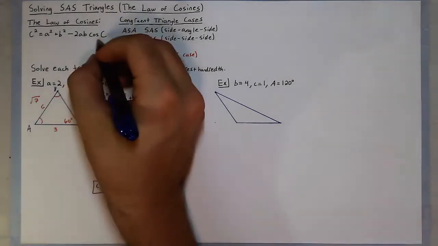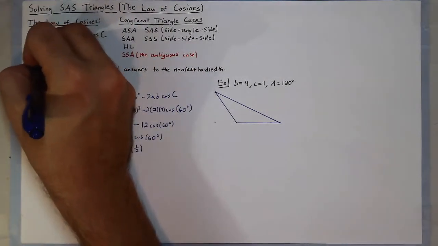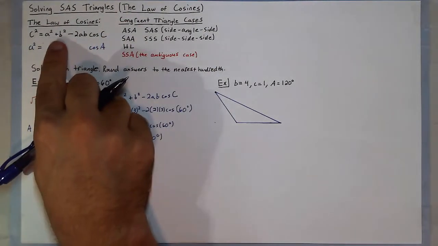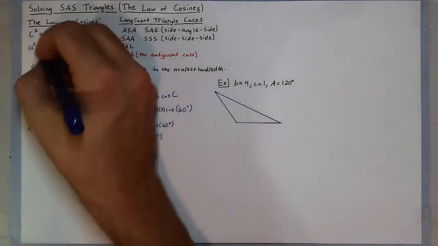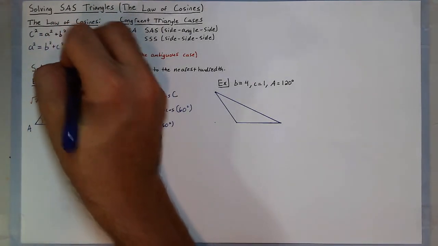So to rewrite this formula, if I want A as my angle here, I'll just write A squared and then cosine of A, and I'll replace the A and B with B and C, the other two sides. So B squared plus C squared minus 2BC.